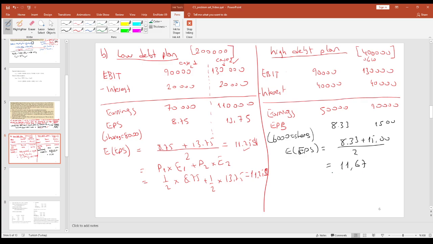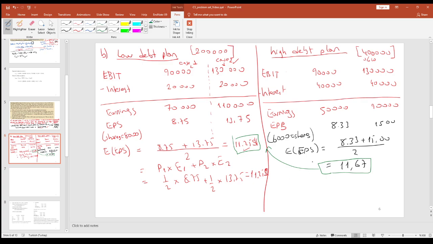Now, in the case of the high debt plan, although you have slightly higher earning per share, we cannot easily say that the high debt plan is more preferable than the low debt plan. Why? Because it is quite close.